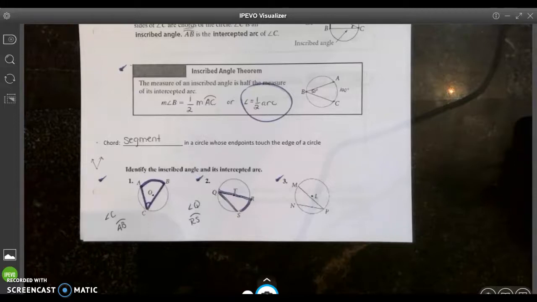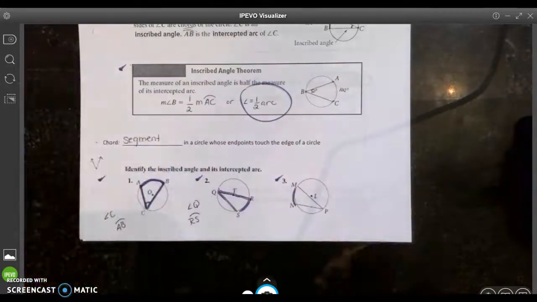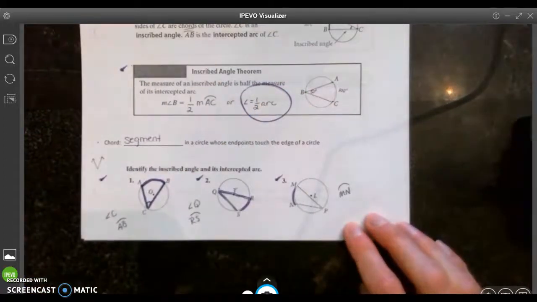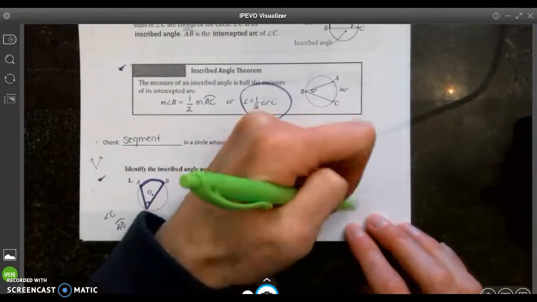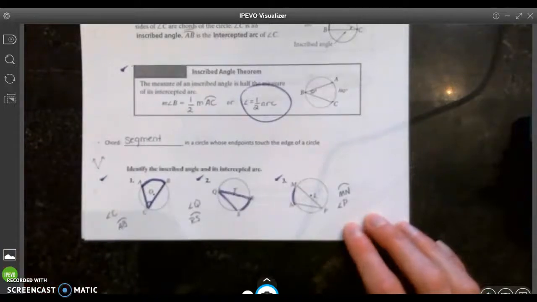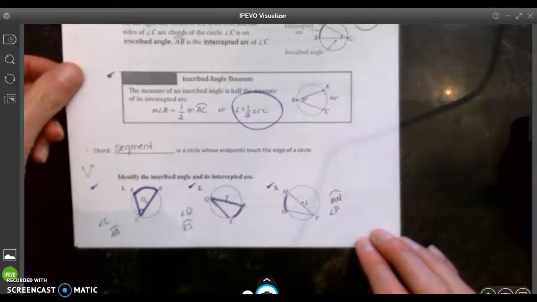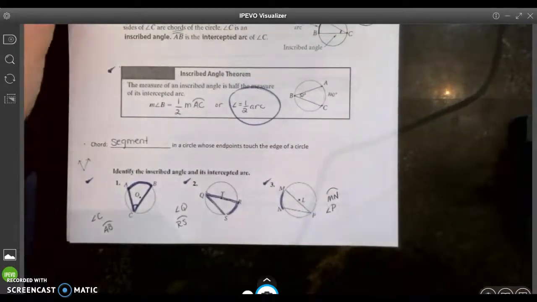I can work that backwards too. I can say, oh, I see that I have this arc MN. Arc MN, what is the angle that goes with it? Well, if I follow those chords down, I end up at angle P. So the intercepted arc, the arc that goes with the angle, is arc MN, and the angle is angle P.